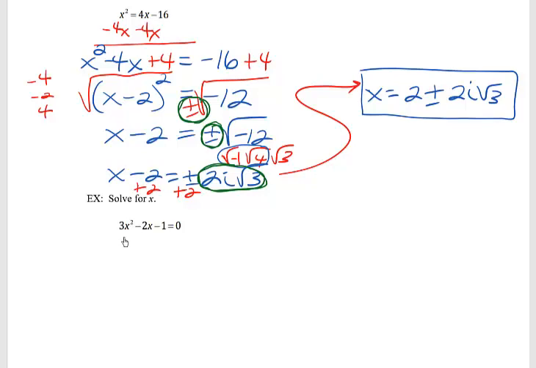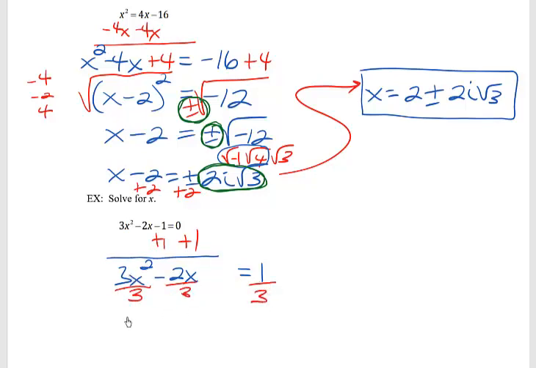If I wanted to use the complete the square method on this, of course, I'd have to move the 1 to the other side. But then I'm still not in the right format because I can't have any coefficient in front of the x squared. The only way I can get rid of it would be to divide everybody by 3. And so here's what I'd now have.